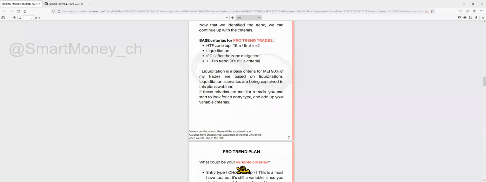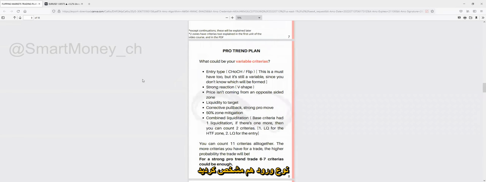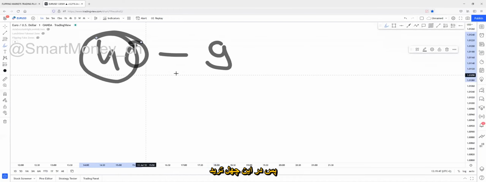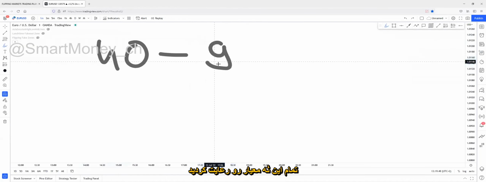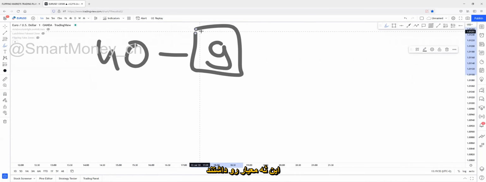For example, higher time frame zone, liquidation, inefficiency, pro-trend. On top of these 4 base criteria, you're going to have the entry type, 5th, for example, strong reaction, 6th, liquidity target, 7th, 50% zone mitigation, 8th, and combined liquidation, 9th. All of the 40 trades have these 9 criteria.